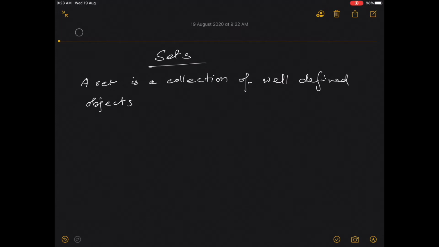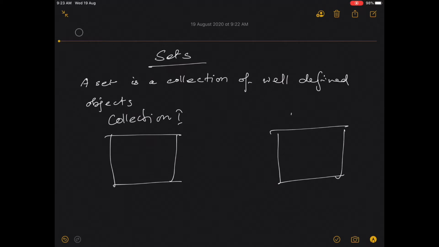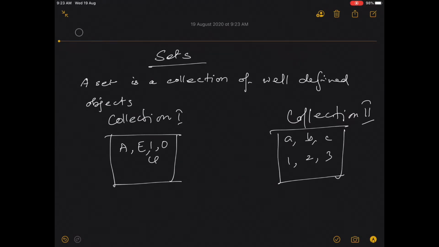Suppose we have two collections. Suppose this is collection 1 and another collection, that is collection 2. Here we have A, E, I, O, U, and here we have A, B, C, 1, 2, 3, Monday, Tuesday.